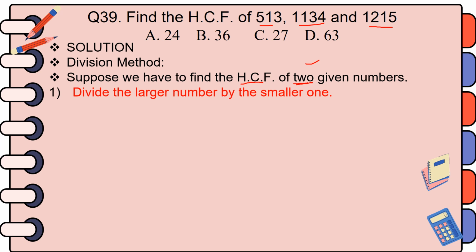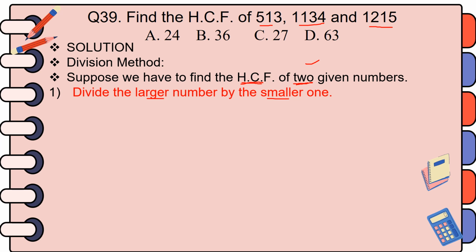So there are certain steps that you have to follow to find out the HCF of those two numbers. On the first step, divide the larger number by the smaller number. That means the larger number acts as a dividend and the smaller number acts as a divisor.